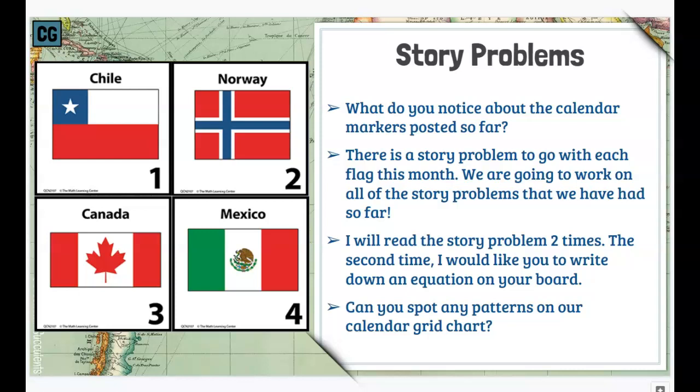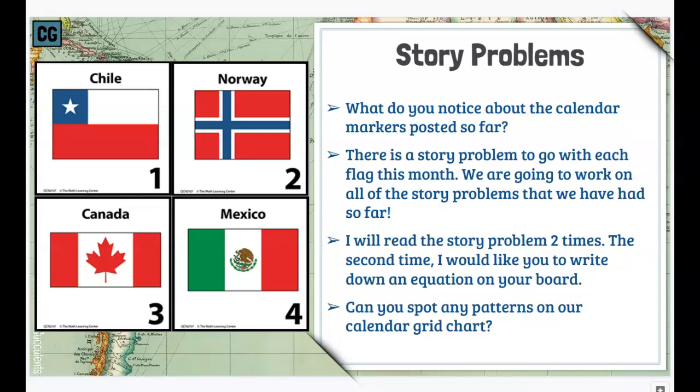I want to let you know that there is a story problem to go along with each of our flags for the month. We're going to work on all of the story problems for the flags that we've uncovered so far. I'm going to read these story problems to you 2 times. The first time, I just want you to listen and think about the problem.